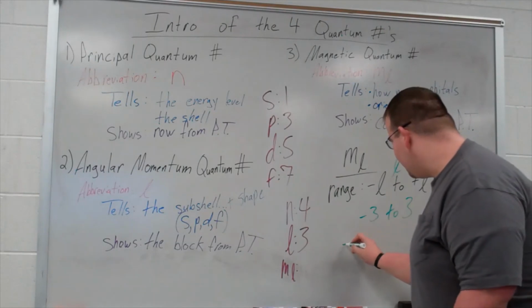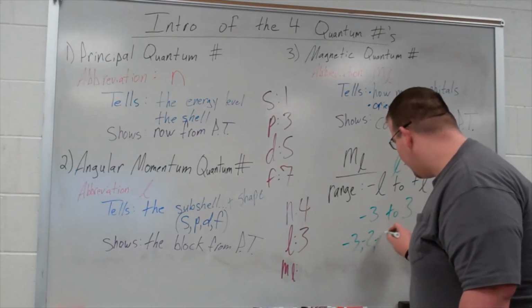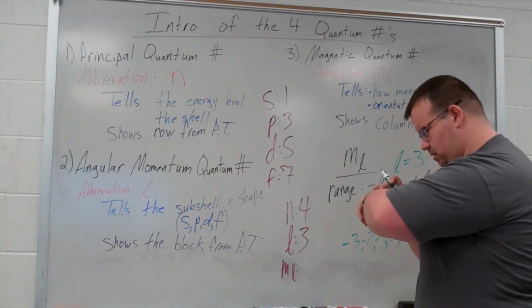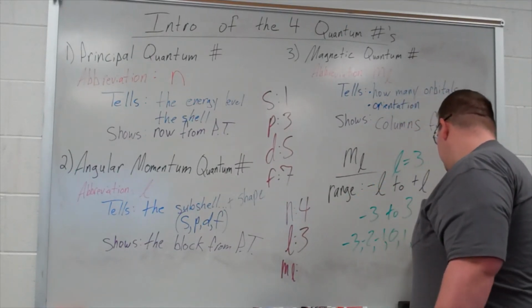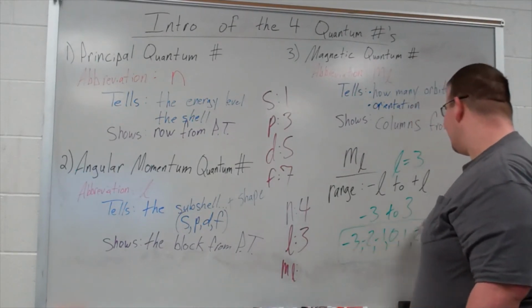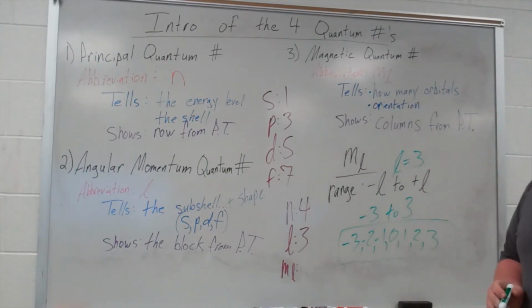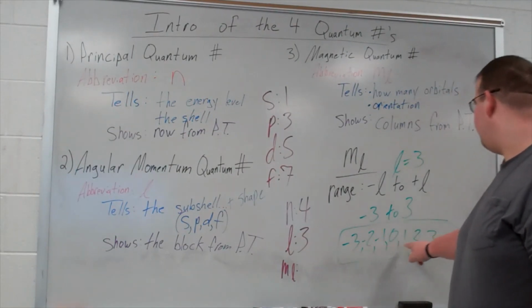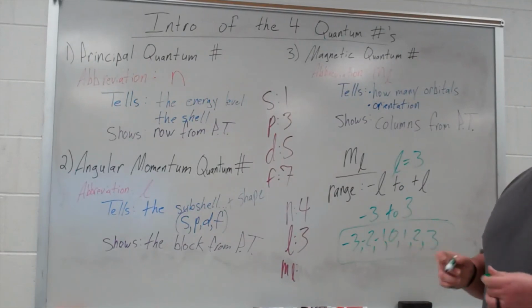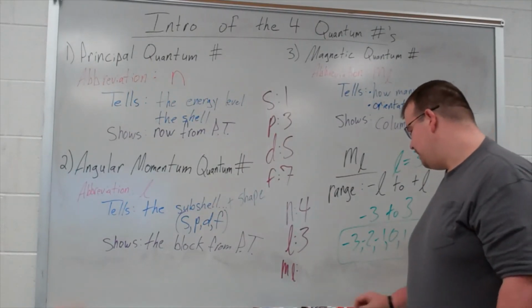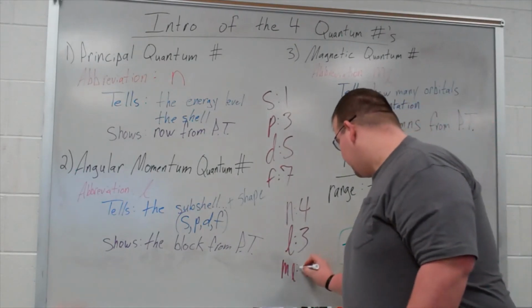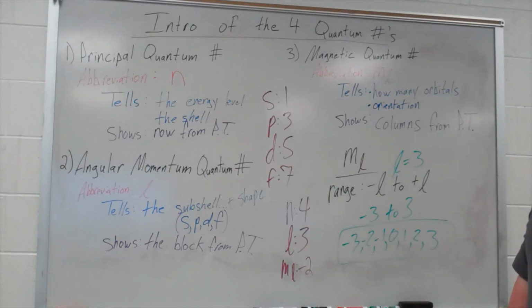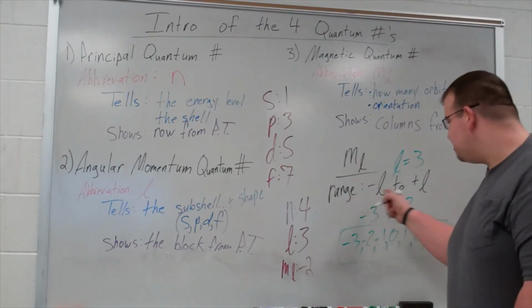And you get that it can be negative 3, negative 2, negative 1, 0, 1, 2, 3. That's the possibility for this. That number, M sub L, can only fall within that range. It cannot exceed that range. So in this case, if I wanted to put negative 2 down here, this can exist. That's what I'm saying. That's the range for this.